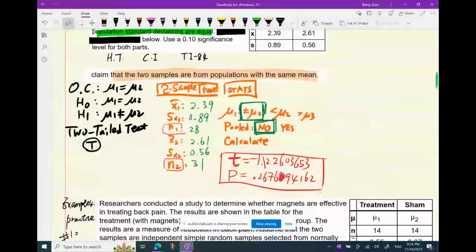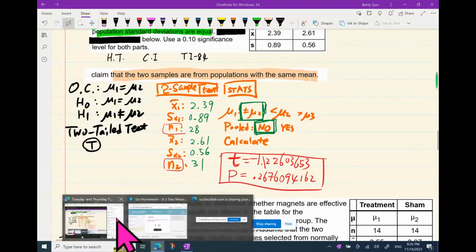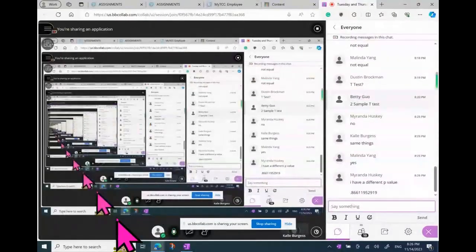What's your p-value, Miranda? I have 0.2676, 94162, 866. Oh, that's very different.